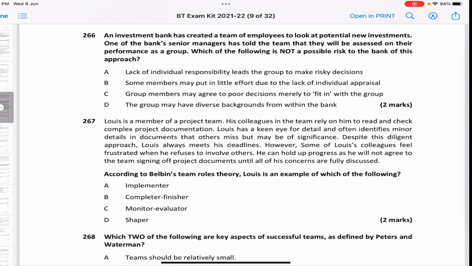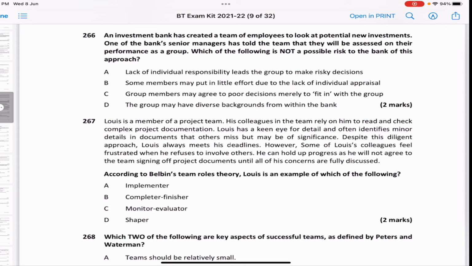An investment bank has created a team of employees to look at potential new investments. One of the bank's senior managers has told the team that they will be assessed on their performance as a group. Which of the following is not a possible risk to the bank?